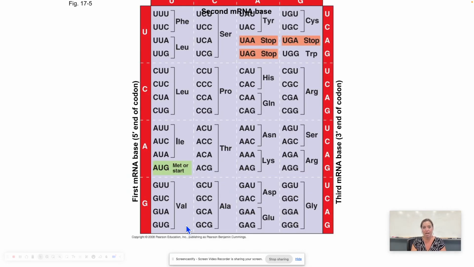We use an amino acid chart that looks like this. You can see that you start over on the left-hand side, A, then you have U, and then you come across G. Well, AUG is methionine, abbreviated as MET, or the start codon.